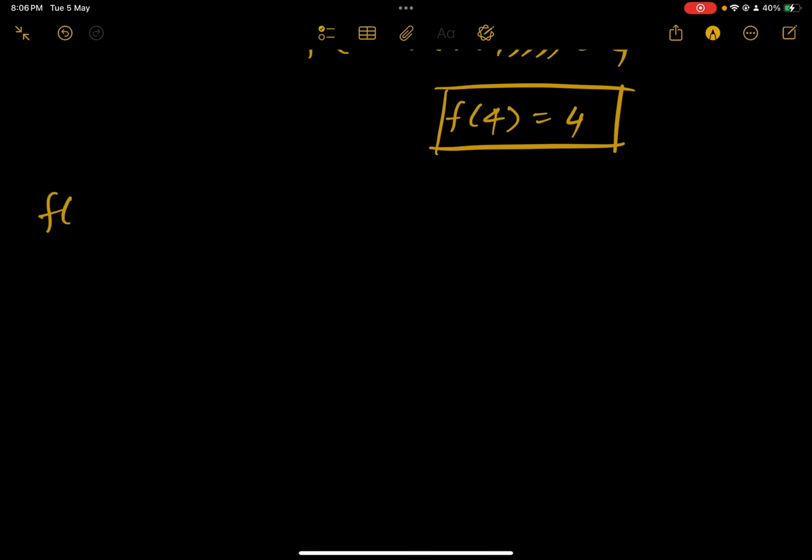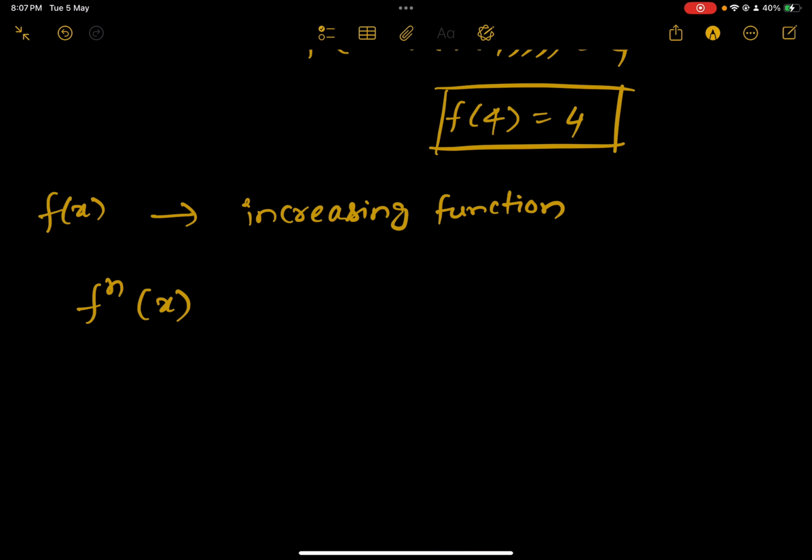If there is a function f of x which is an increasing function, then f^n of x, so f square of x is f of f of x, let us define it this way, f cube of x is f of f of f of x.